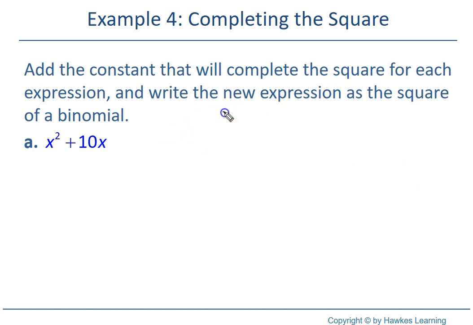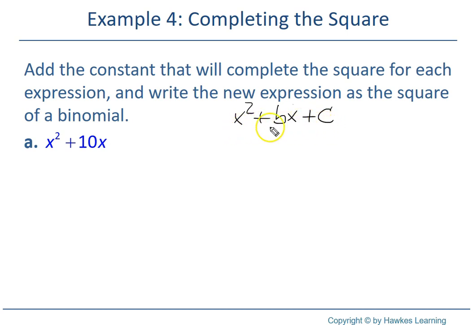And keep in mind this: ax squared plus bx plus c. And I'm going to get rid of the a because we don't need that right now, because a is 1 here. Now this is a quadratic expression.